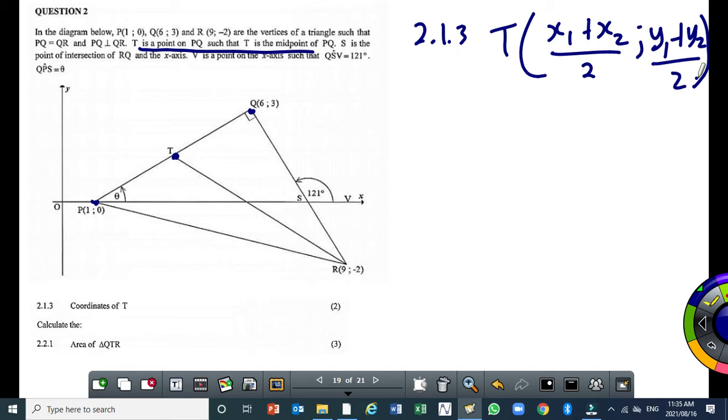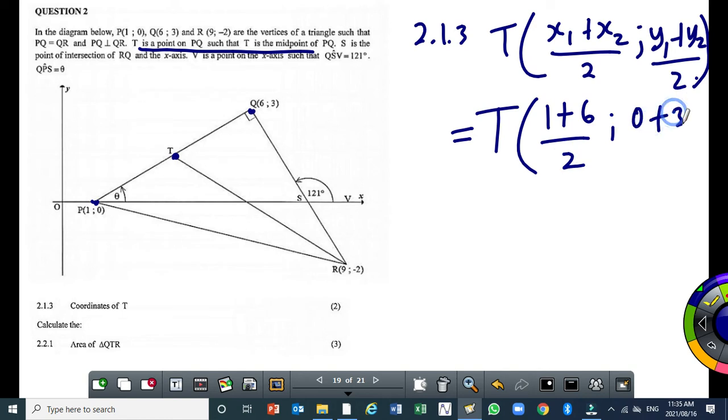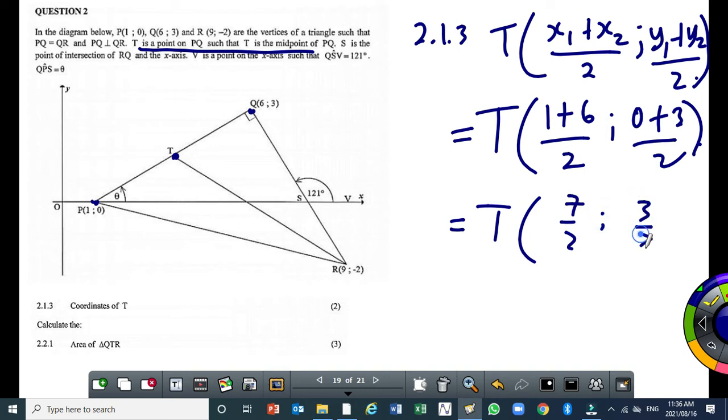But for this question, I'm allowed to be very specific. So this will be T: x1, it's 1, x2, it's 6, divided by 2; y1, that's 0, plus y2, that's 3. So this will give you 7 over 2, and that one will give me 3 over 2.